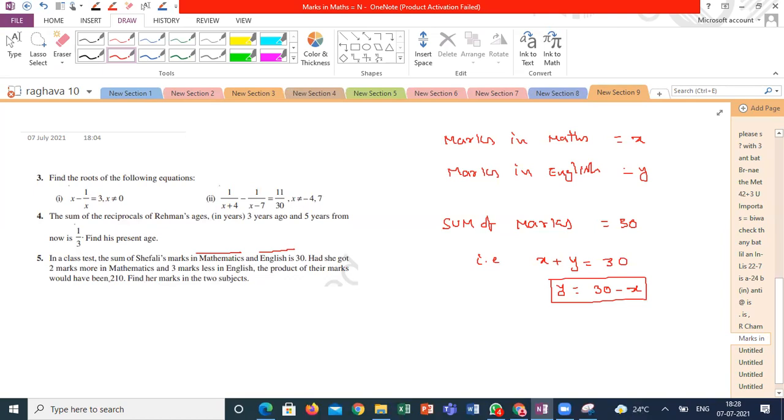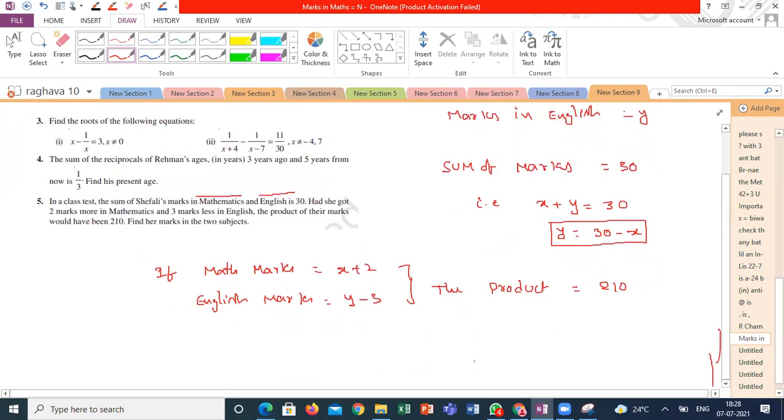Had she got two more marks in mathematics and 3 marks less in English, the math marks are x plus 2, and the English marks are y minus 3. The product is 210.